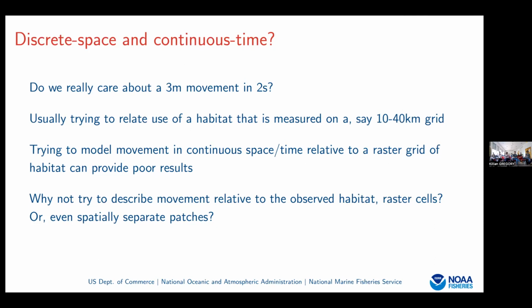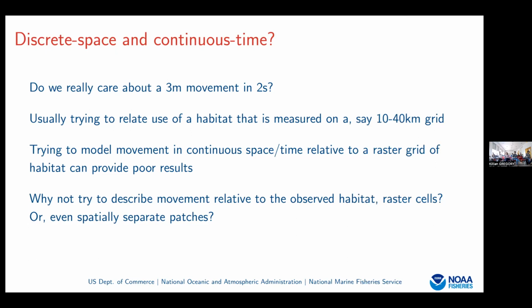Those are big, long deployments, and you don't even believe we know what's going on at the second level anyway, when you're getting locations every few hours or days. It doesn't make any sense to have that. Or would it make sense, if I gave you a prediction a second later from the last time I saw the animal, do you think the animal's done anything interesting in that time? It couldn't even really go anywhere, right?